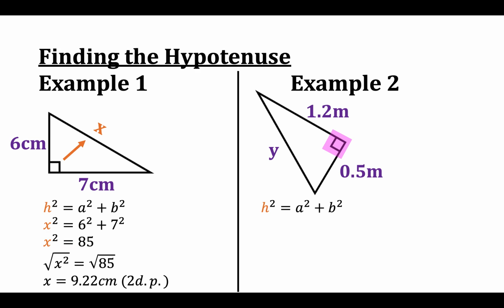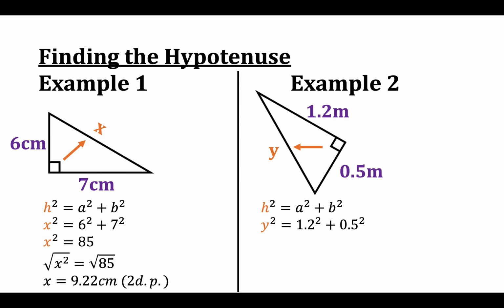So Pythagoras states that the hypotenuse squared is equal to the sum of the squares of the other two sides. And we can see here that our hypotenuse is y. So instead of h squared, we're going to have y squared, and y squared is equal to 1.2 squared plus 0.5 squared.